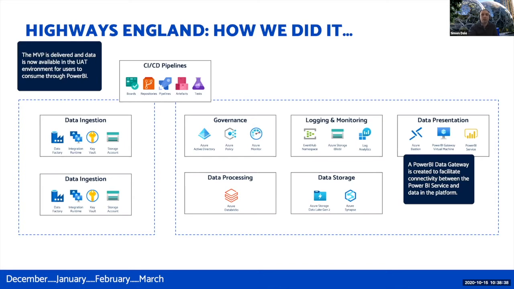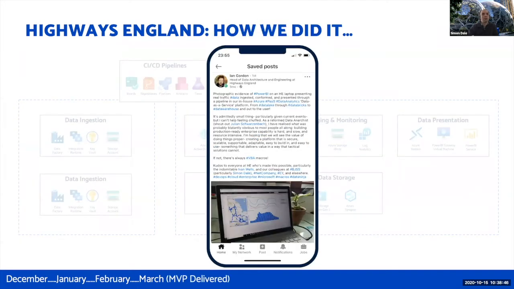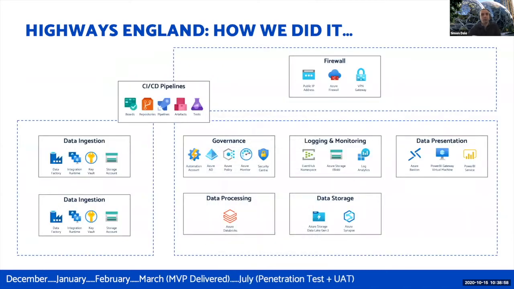And our, like I said, our product owner, the head of data and engineering and architecture, went to social media and made a post on LinkedIn showing that we had end users with access to data for Highways England, which was brilliant.